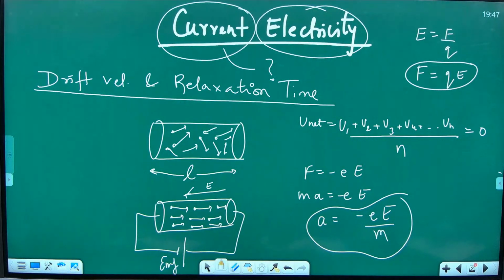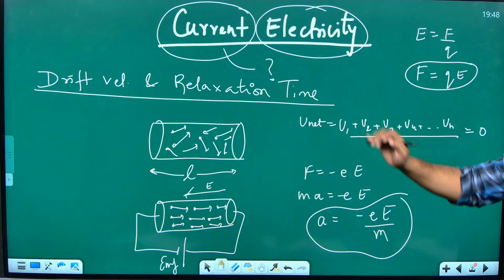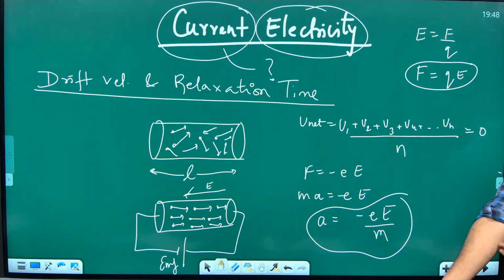I'm going to the next. Yeah. So tell me, Pratap. U is the initial velocity of the electrons. Yeah.